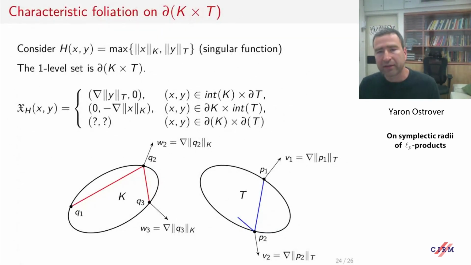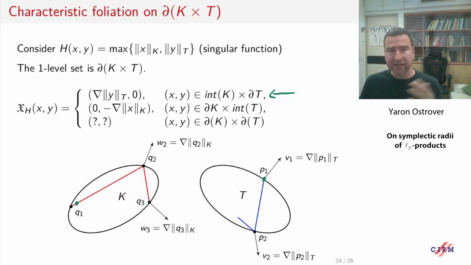We look at the Hamiltonian function that gives us this Lagrangian product and the corresponding vector field, and we can follow the dynamics. Suppose we start at a point here and here, so a point in the interior of K and on the boundary of the other domain.